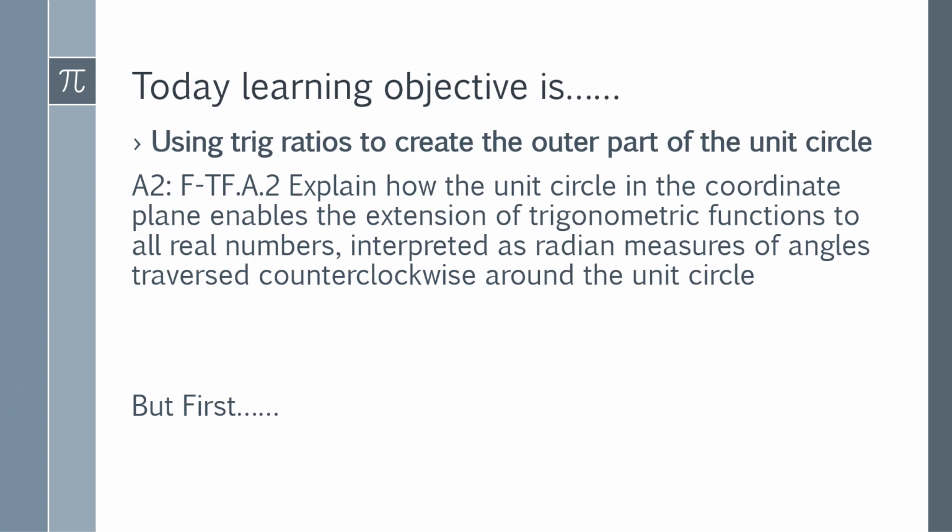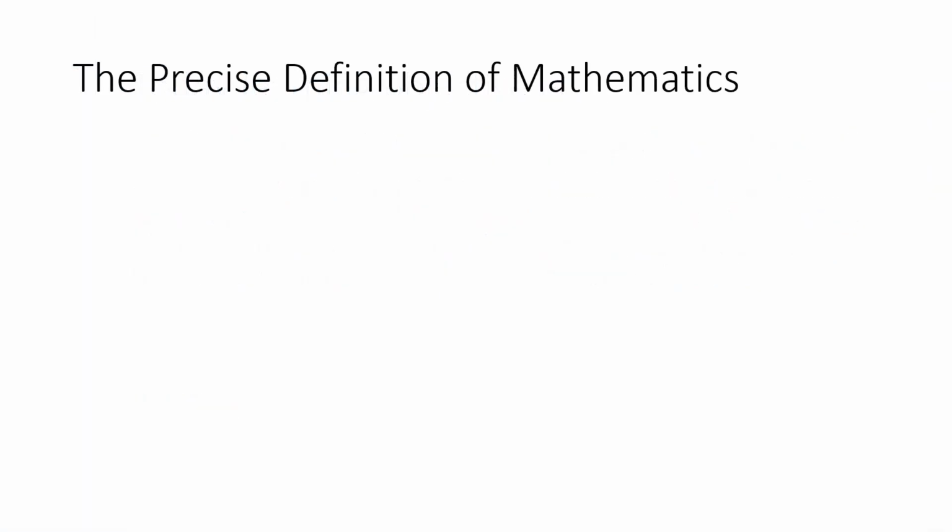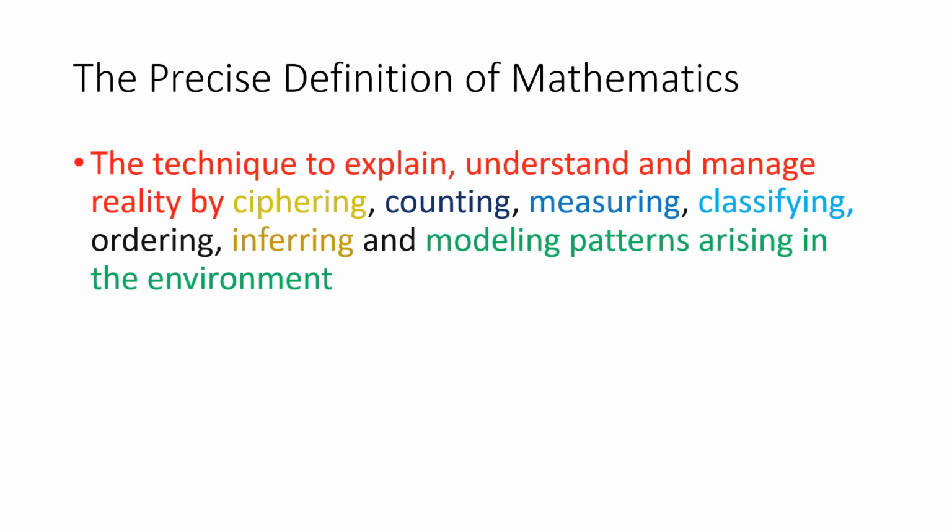As stated, we are going to be dealing with the unit circle some more. However, this definition is very, very critical. The precise definition of mathematics is the technique to explain, understand, and manage reality by ciphering, counting, measuring, classifying, ordering, inferring, and modeling patterns arising in the environment.